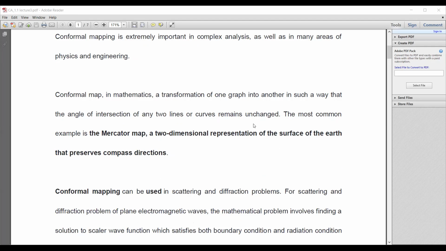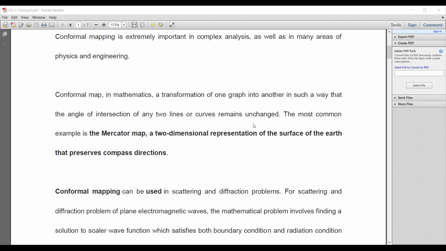So the angle between any two curves is preserved in this conformal mapping. Or the other way around, suppose there is a conformal mapping, then it must preserve the angle between any two curves from one plane to another plane.